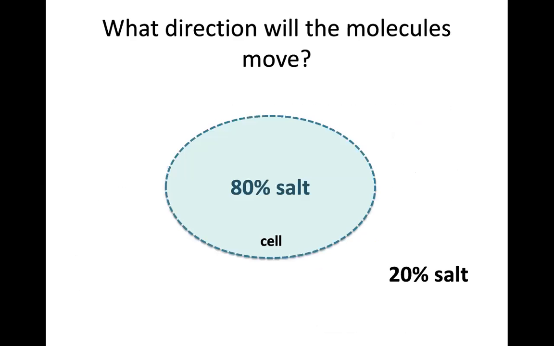All right, so we're going to go through this and see. Remember I told you when you're looking at something, always look for the key words. What direction are the molecules going to move? A double-sided arrow, or one way, or the other.